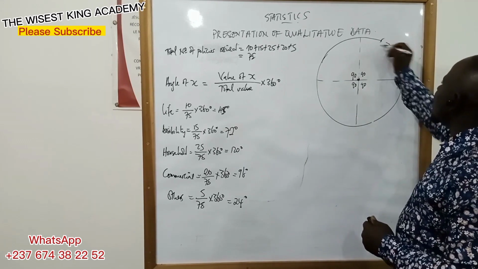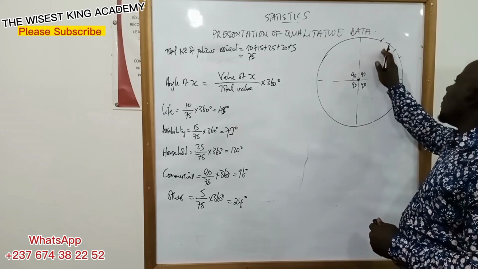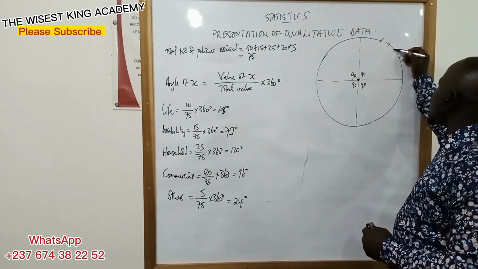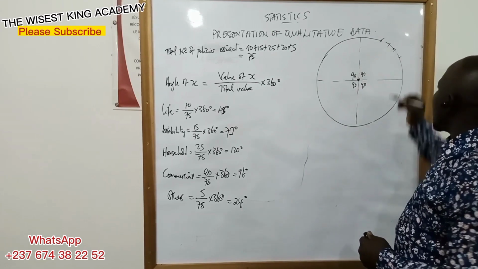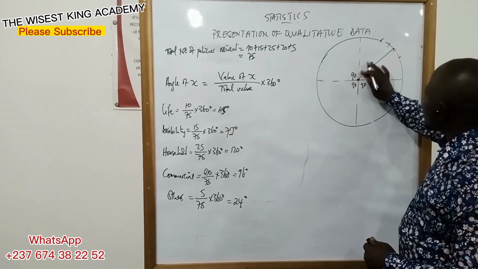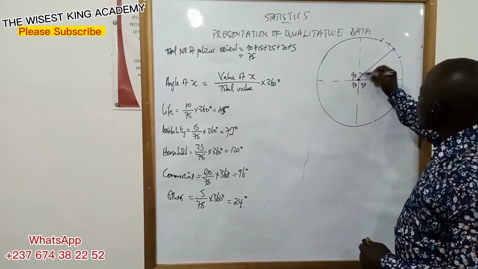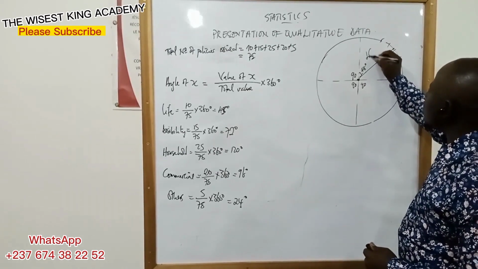If I divide this other 30 by 3, I have 10. So this is 30, 40, 48. So this is 48 degrees. What is that? That is life insurance.